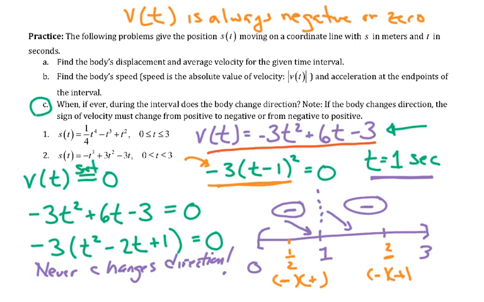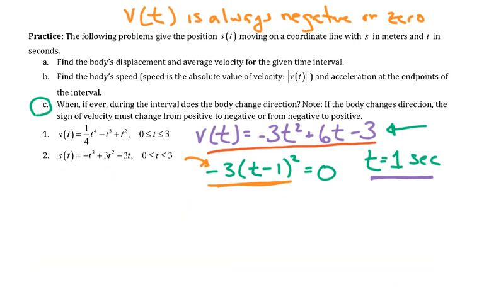Now, how can I make this make sense to you? Let's look at something. When the velocity equals 0 does not necessarily mean that the body changes direction. This function right here that gives us the position, I don't know exactly what it looks like, but overall it's kind of doing something like y equals -x cubed.